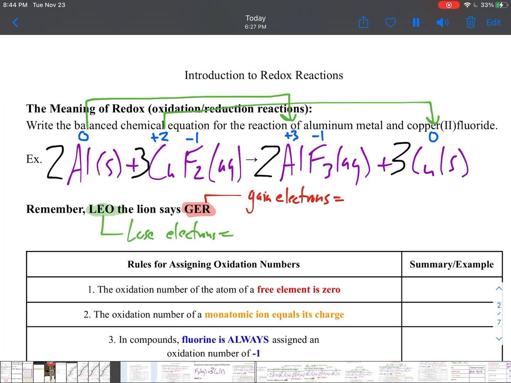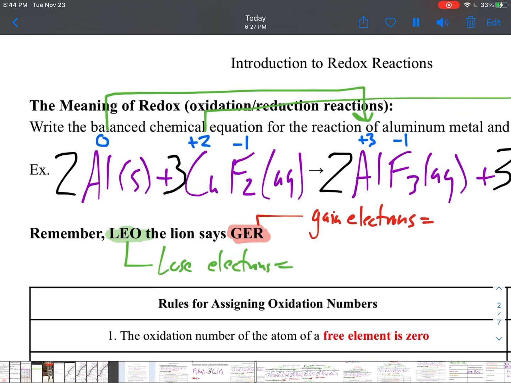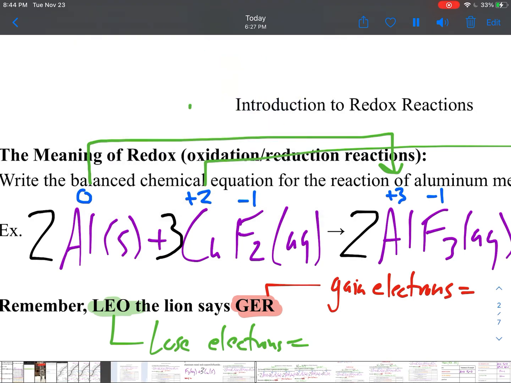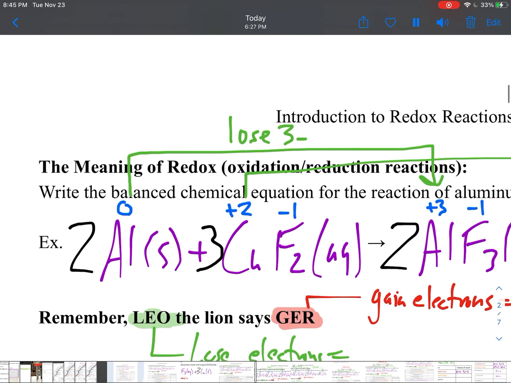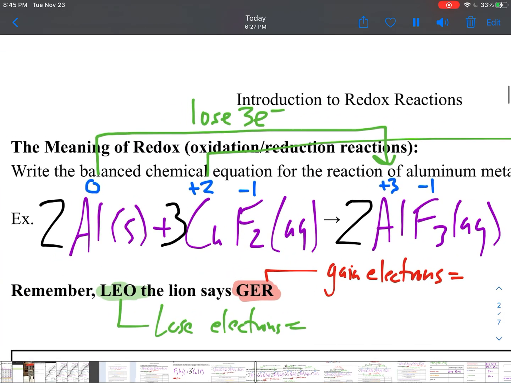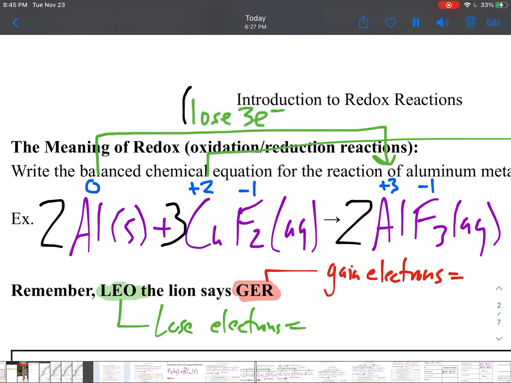Oxidation numbers allow us to determine where the electrons are going. Notice that we have aluminum going from 0 to +3. That is a result of it losing 3 electrons. One thing I do want you to note is that because it's a 2 coefficient, that's actually happening twice in this reaction.